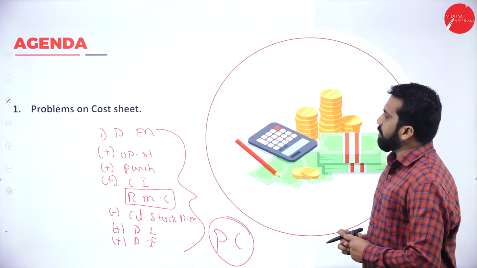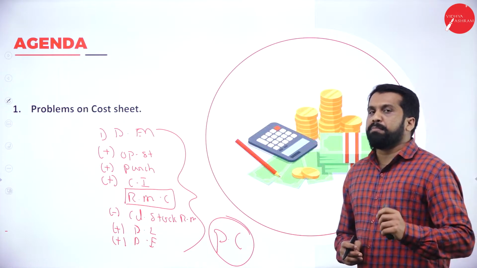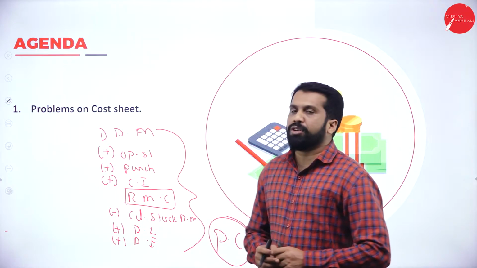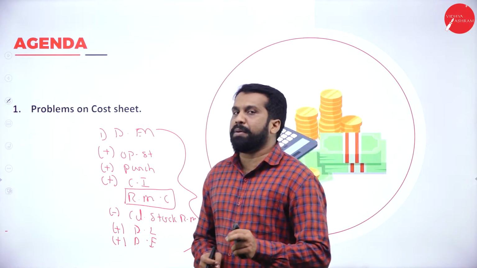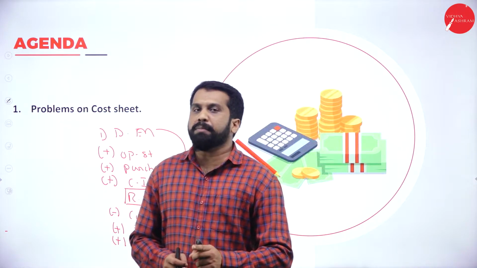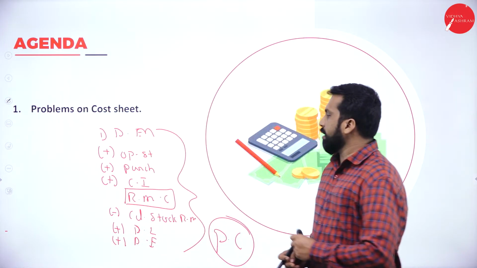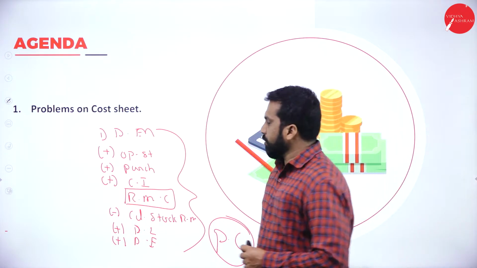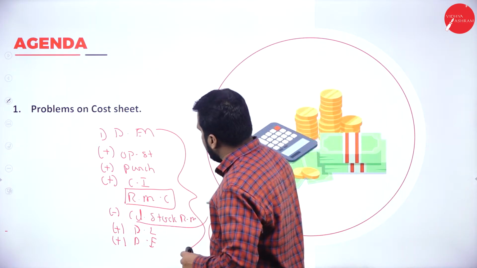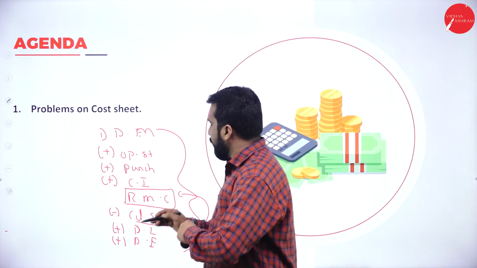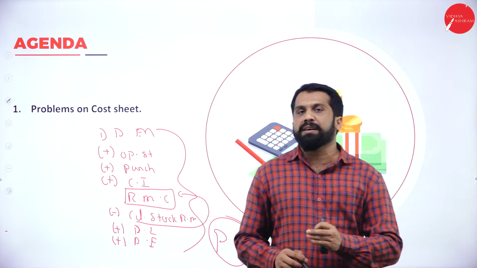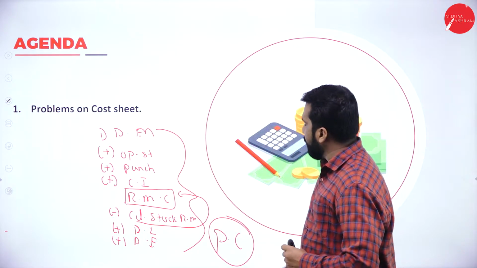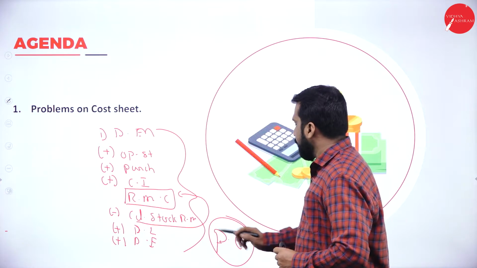Your direct material plus opening stock plus purchases plus carriage inward gives raw material consumed. From that, you have to minus your closing stock. After deducting closing stock, you get your raw material consumed. Later, you add back your direct labor and direct expenses, so you will get your prime cost.